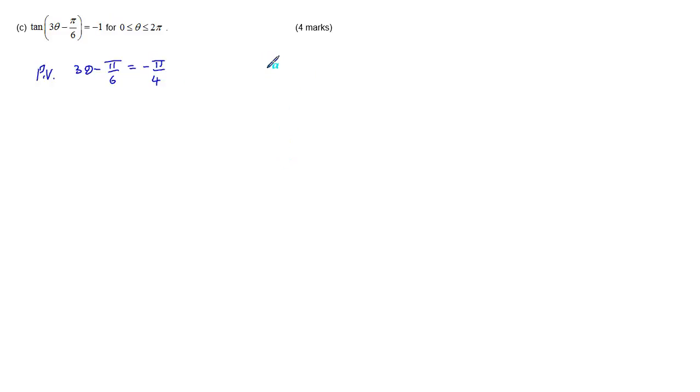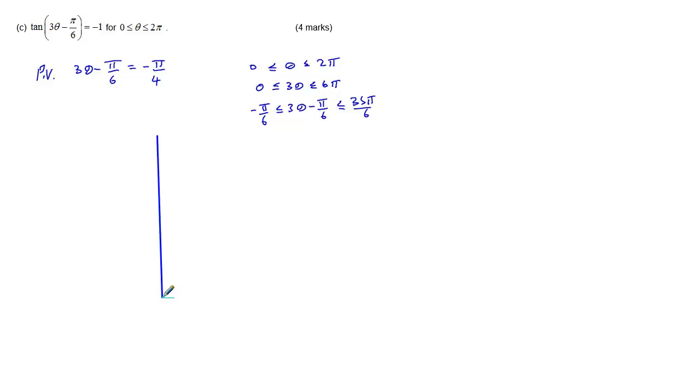Now we're solving for theta between 0 and 2 pi. So 3 theta would be between 0 and 6 pi. So 3 theta take away pi by 6 is going to be from negative pi by 6 through to 35 pi by 6.